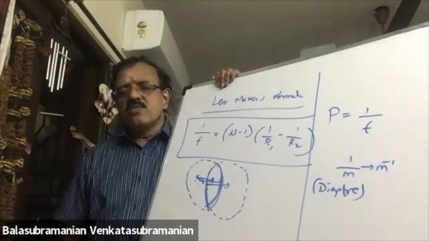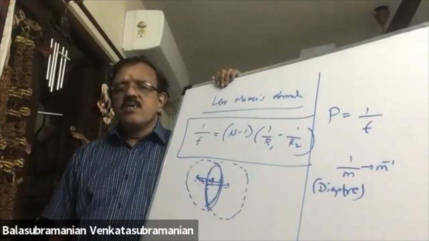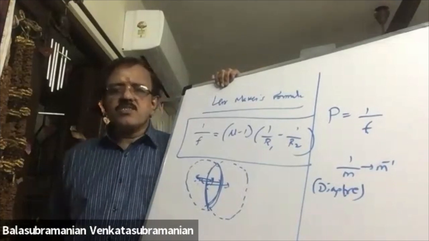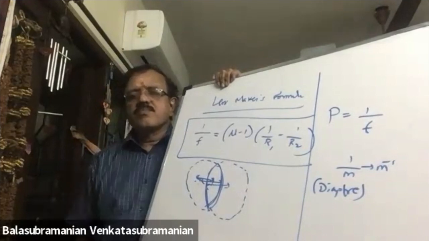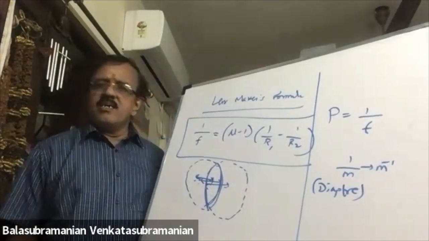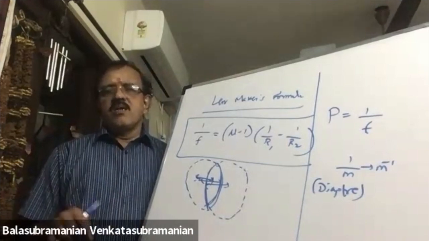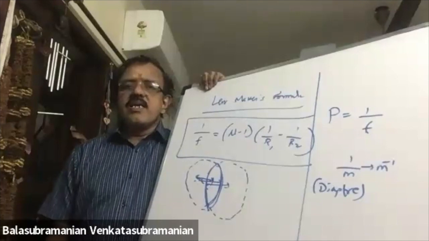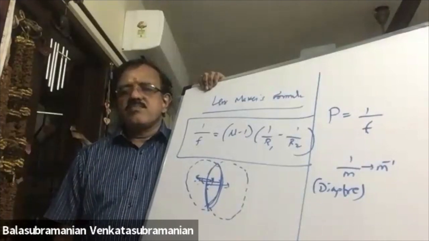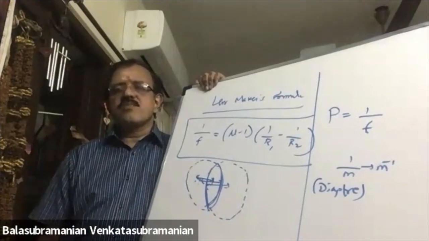So overall, we have seen the chapter light: reflection and its properties, refraction and its properties, then laws of reflection, laws of refraction. Almost in all exams, they will ask this question: total internal reflection.